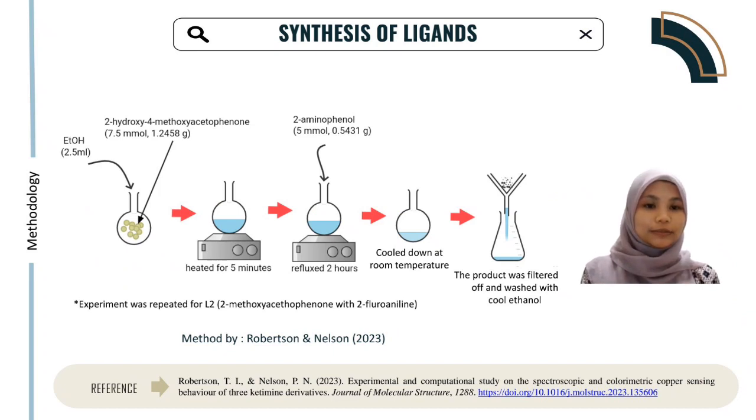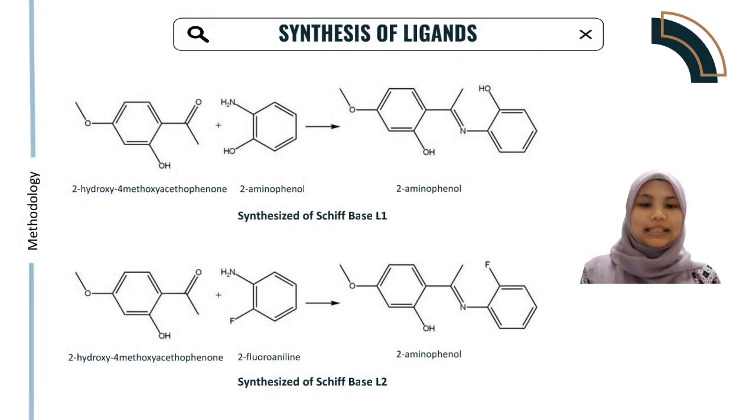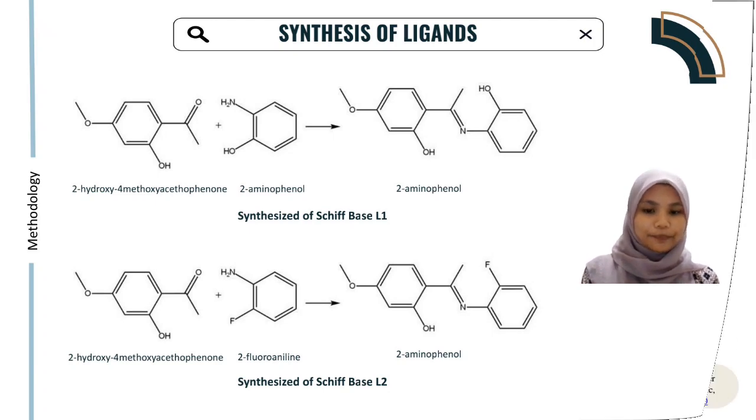Now moving on to the methodology. So this is the procedure to synthesize both ligands L1 and also L2, which I adopt the method from Robertson and Nelson 2023. This is the proposed structure of L1 and L2, having oxygen and also nitrogen as donor atoms.